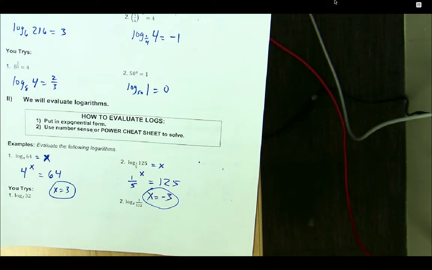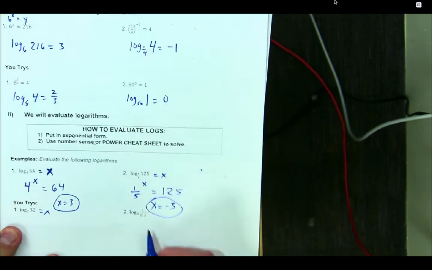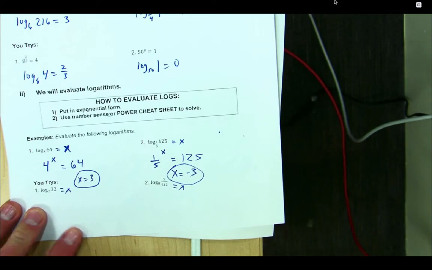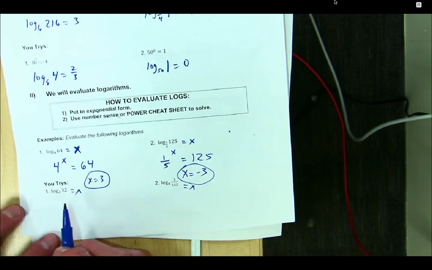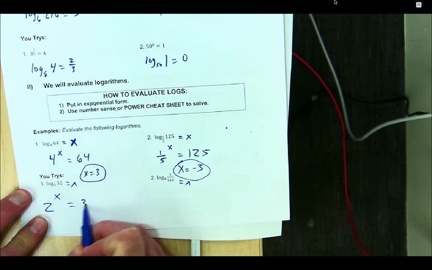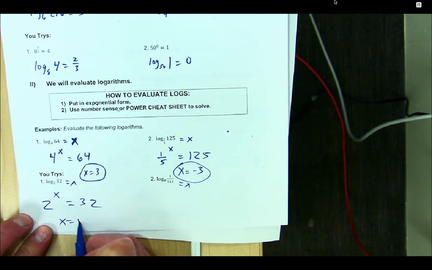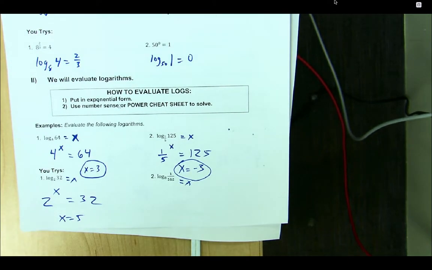All right. Let's just do a couple more of these so that you get the hang of it. Remember, equals x. That's how I'm going to start both of these. And now the process is similar. You take your base to the power of what's over here equals what's next to. And 2 to the 5th is 32.